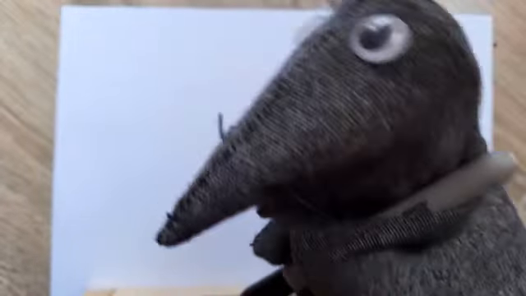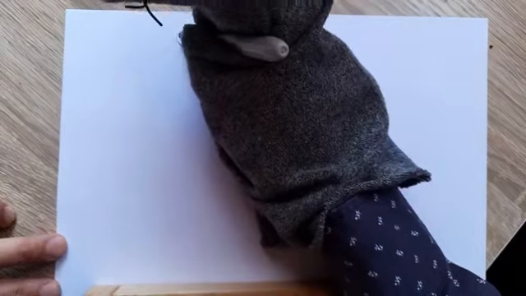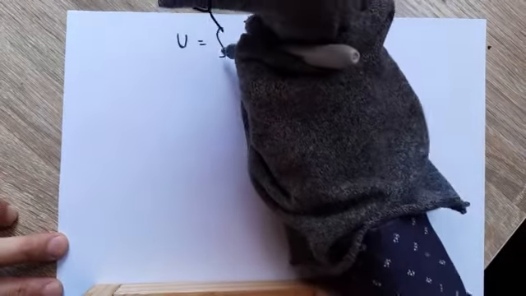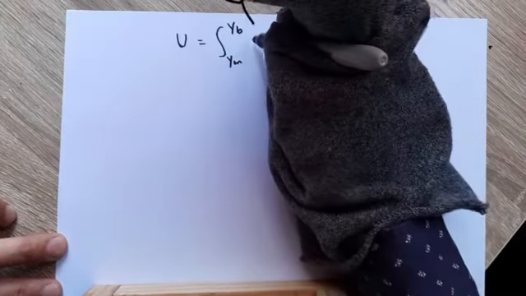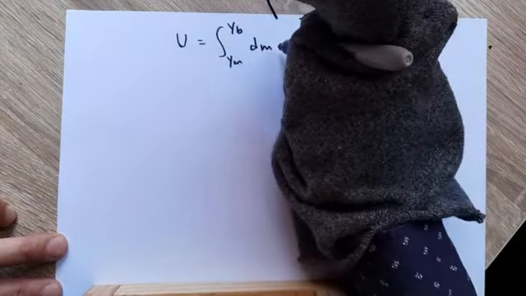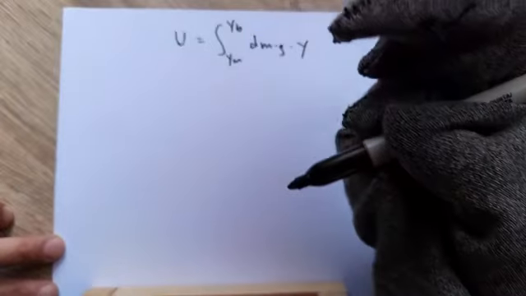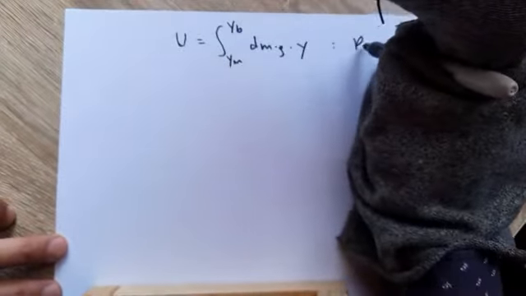Now we will write the potential energy. U equals the integral from ym to yb of the weight of the differential element times its height.